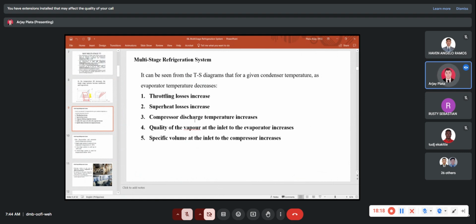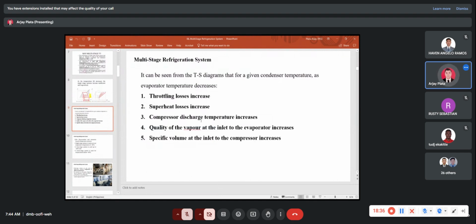As the evaporator temperature decreases, compressor discharge temperature increases, and the quality of the vapor at the inlet of the evaporator increases, and specific volume at the inlet to compressor also increases.